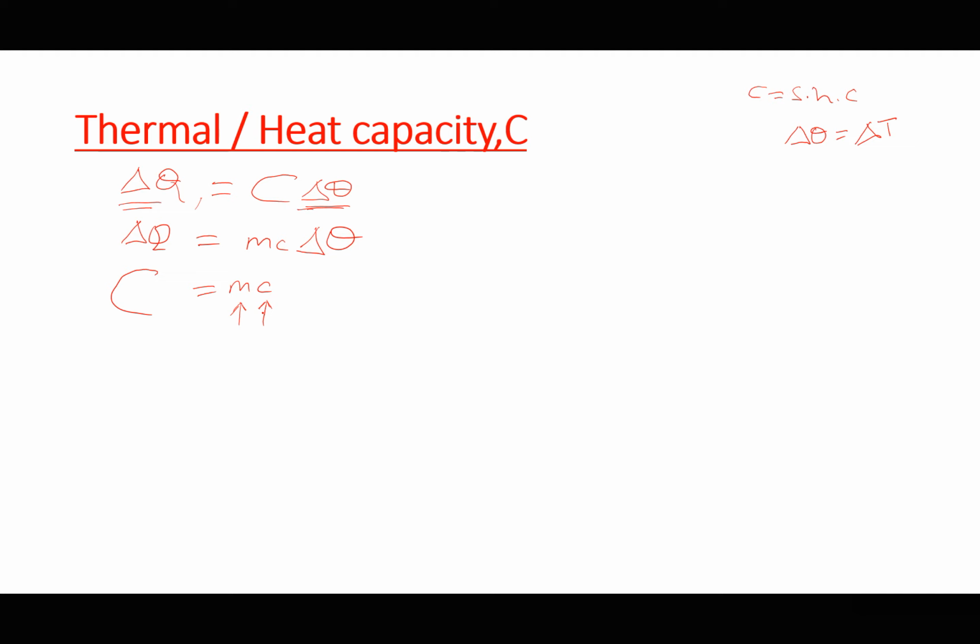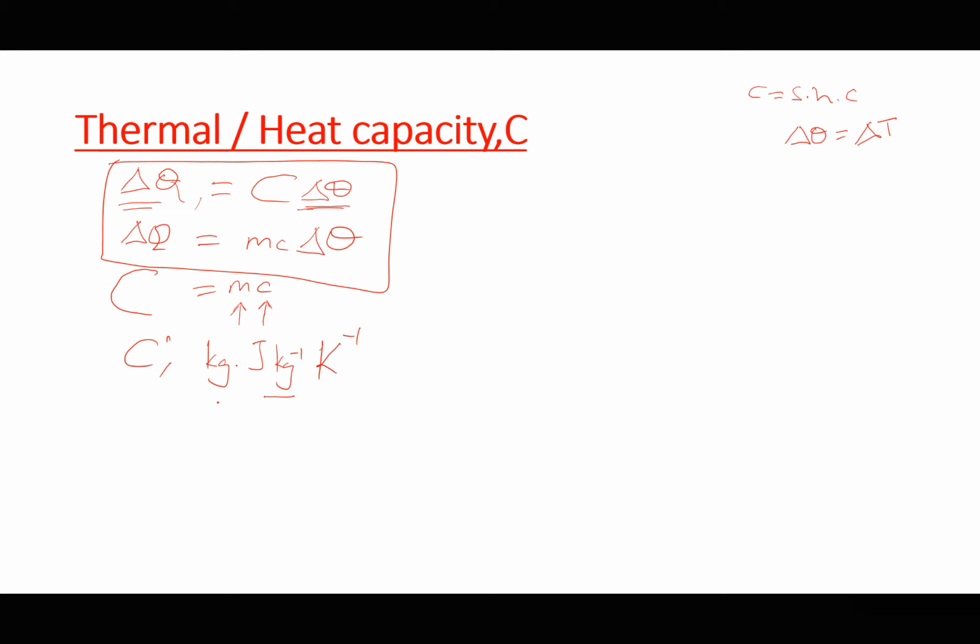So if you try to link those two expressions, remember the units of mass are kilograms. I'm trying to establish the units of heat capacity. Those of mass are kilograms, and those of specific heat capacity were joules per kilogram per Kelvin.